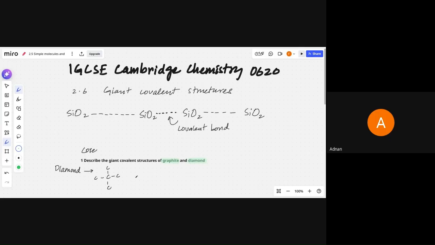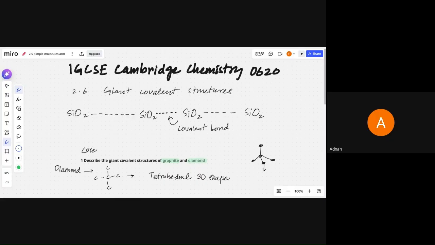The name of the geometry is tetrahedral. This is a tetrahedral 3D shape. And diamond is very hard due to many strong covalent bonds. If I quickly draw the structure here, it looks something like this.